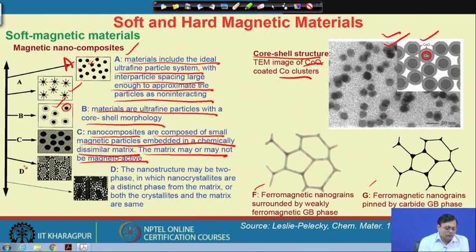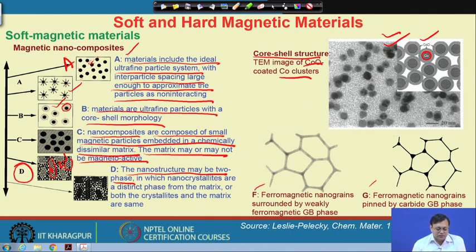Now, I can also have a type D type of microstructure. Here you can see these are some nanocrystalline structures that have two phases, one phase here inside and the black dotted curve portion is the other phase. So, I have phase 1 and I have phase 2.